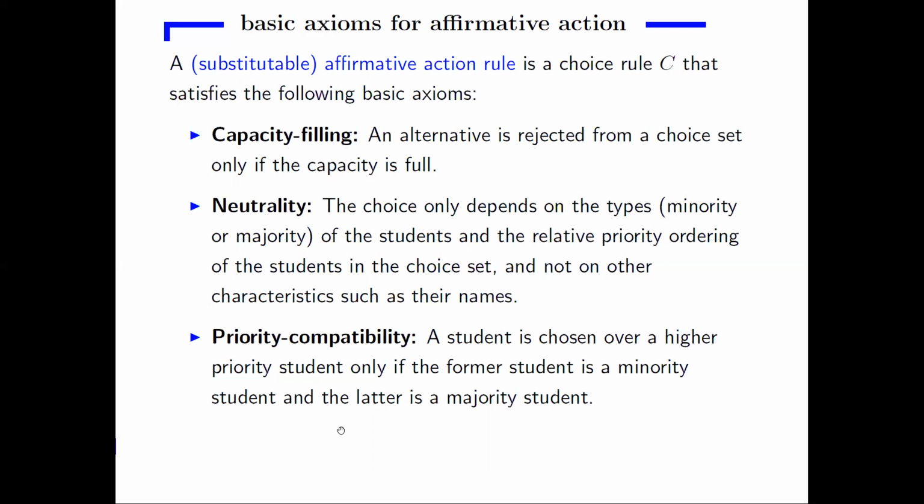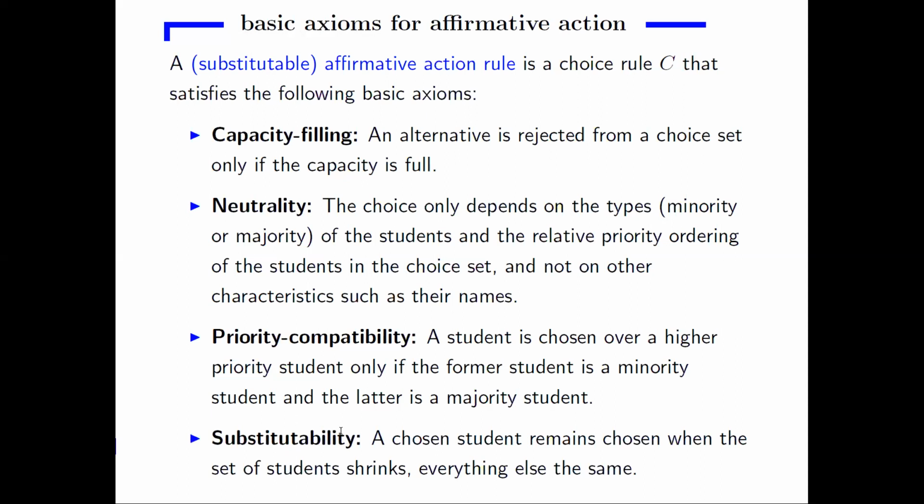This is possible only if you are a minority. But otherwise, between minorities and majorities, the priority ordering, the exam score, determines everything. You can overrule priority ordering only if you are a minority, but that guy who is overruled is a majority.